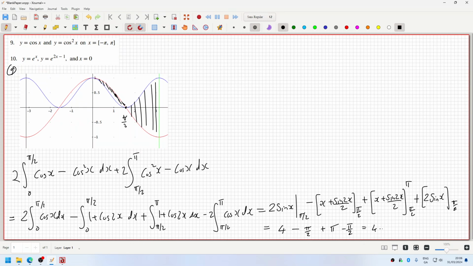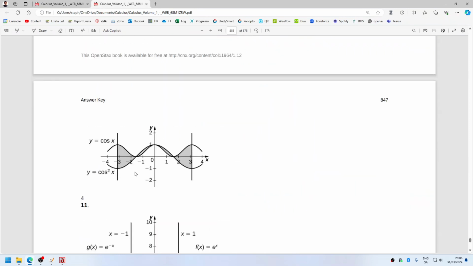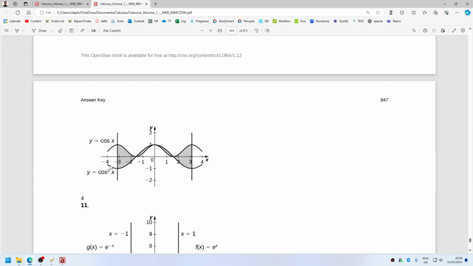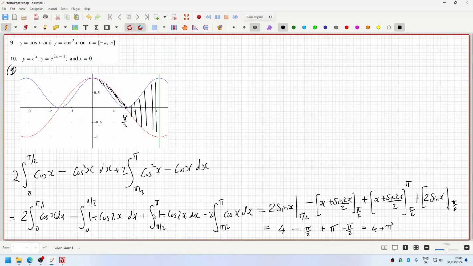So is it just 4 plus pi? Is that about 7.4? Yeah. So I should have had something cancel this pi, it would seem.